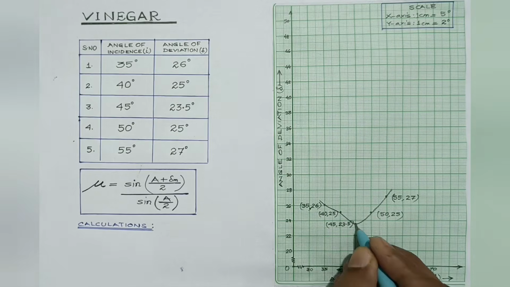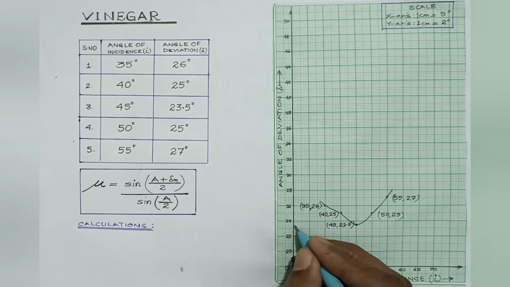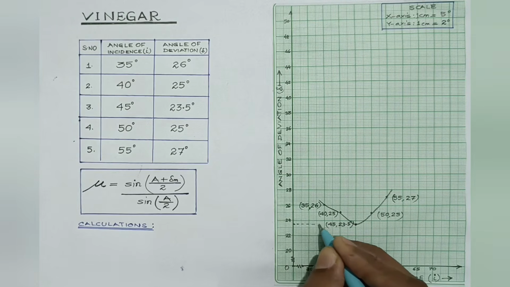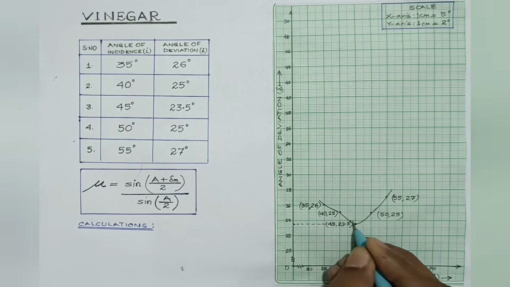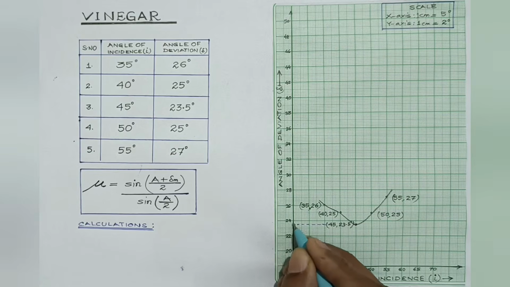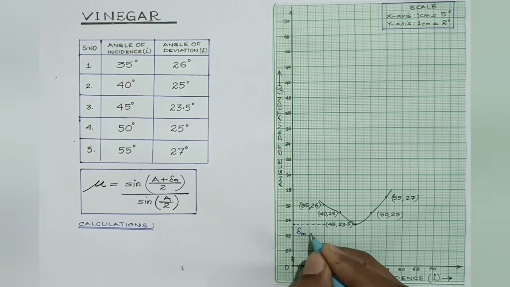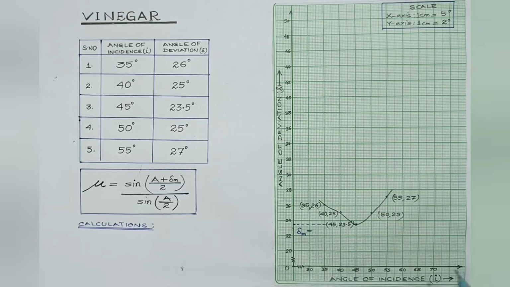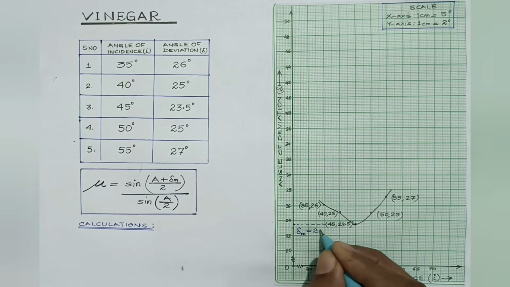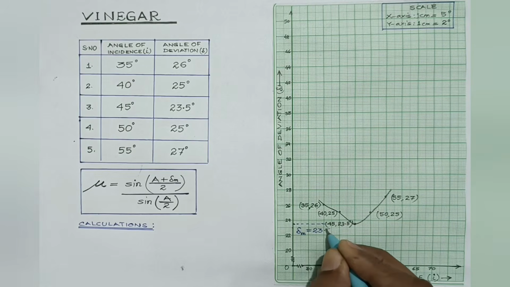So from this graph, the value of delta m can be easily determined. Now look, it is pretty clear that delta m in this case is between 22 and 24, so the midpoint is 23, and between 23 and 24, the midpoint is 23.5. So the minimum angular deviation in the case of vinegar is found to be 23.5 degrees.